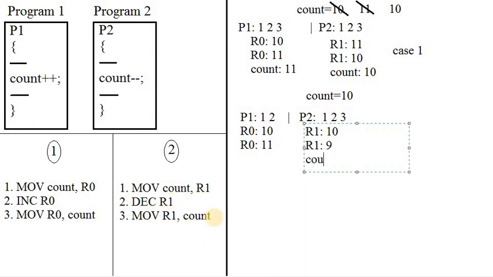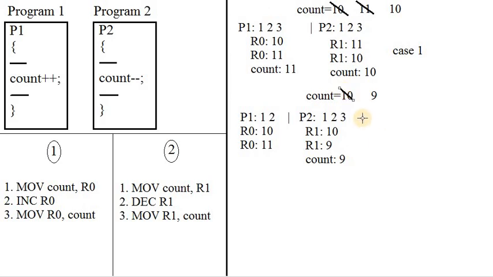Now count will become 9 only. Okay, now count value has updated. Let us show the same update here. So count value become 9 here, right? What about the old value? The old value will be erased, right? So let me erase the old value here.